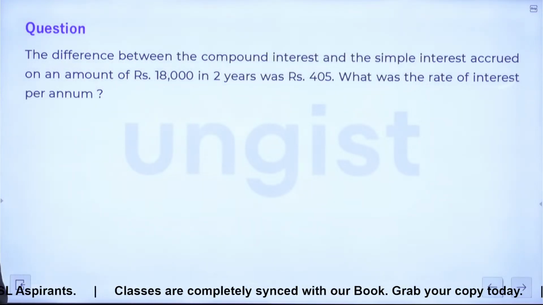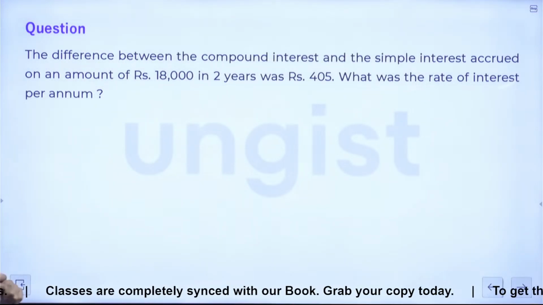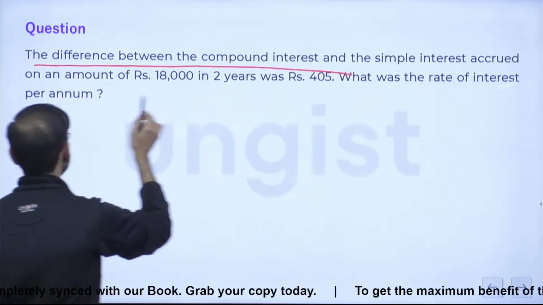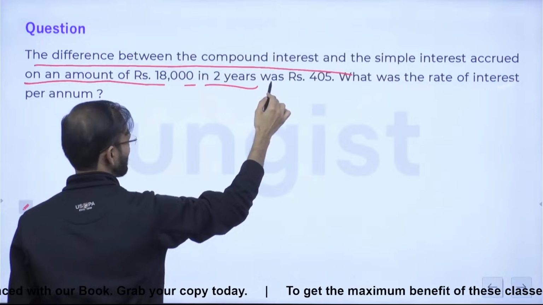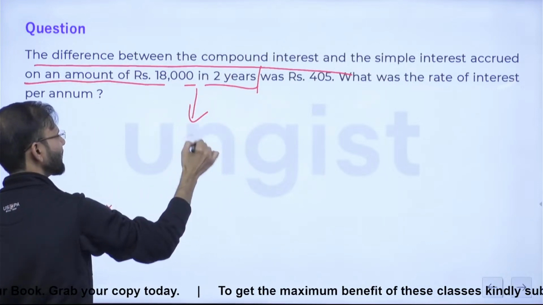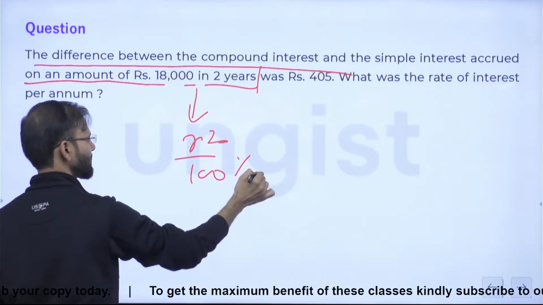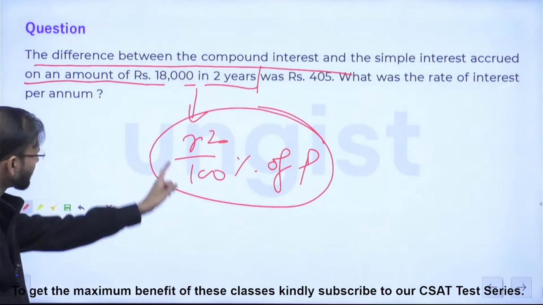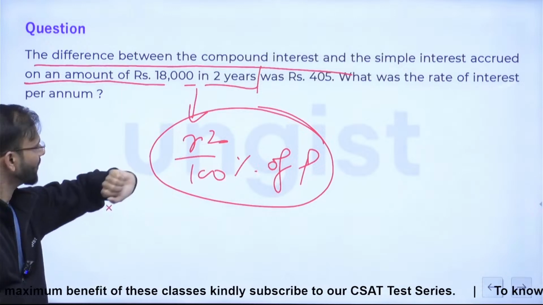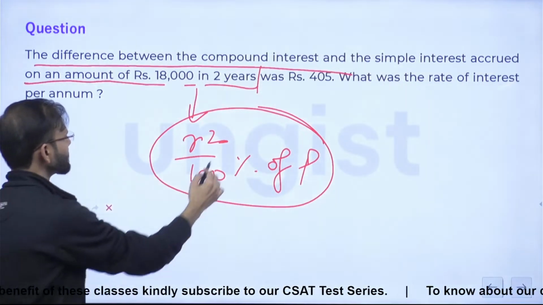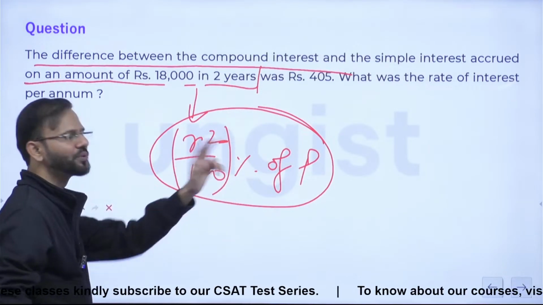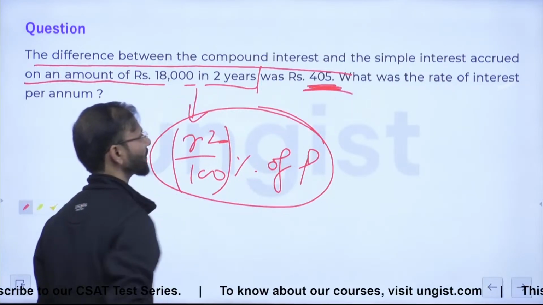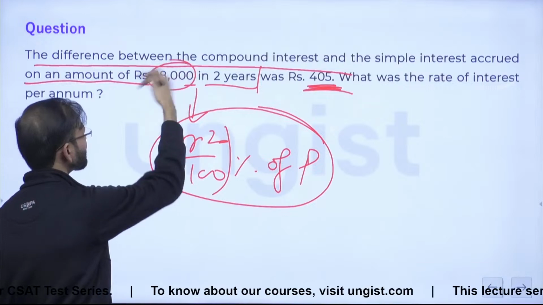Read the question, guys. See everybody, as soon as you read the difference between SI and CI on a sum for 2 years, you should understand this is R square by 100% of the principal. Right, this should come to your mind first. Just think about this while reading about it. So R square by 100% of the principal will be the difference between SI and CI for 2 years, right? The question says the difference is given as this, and P is also given to you.